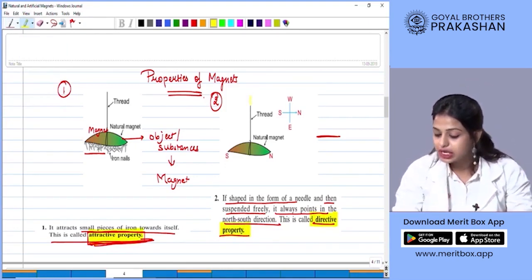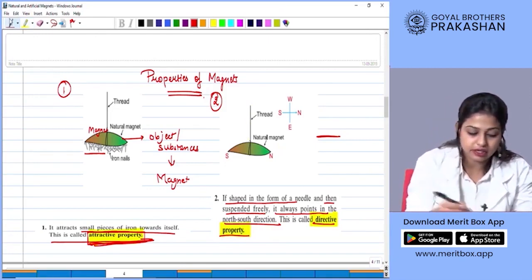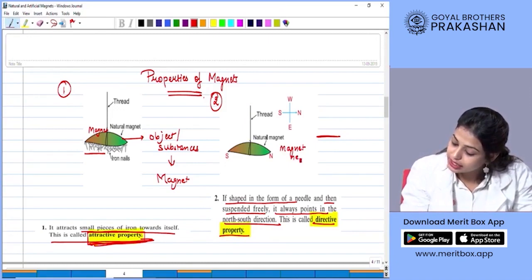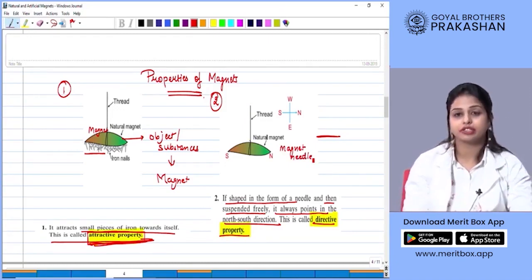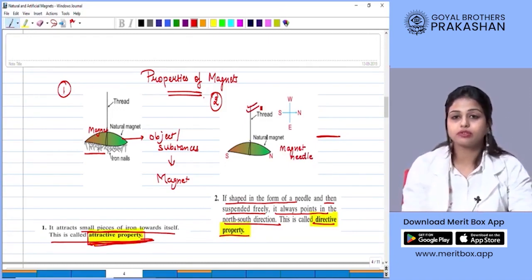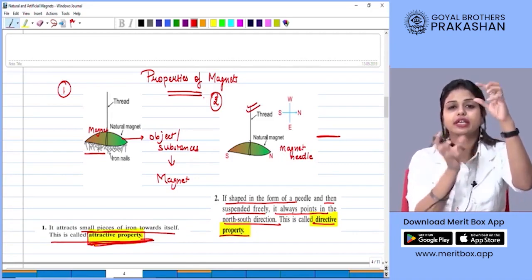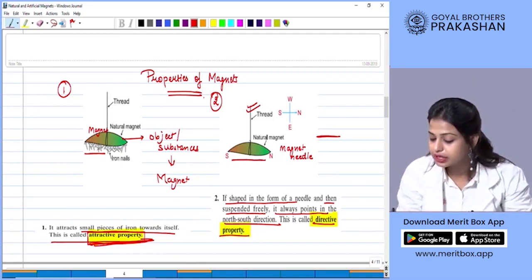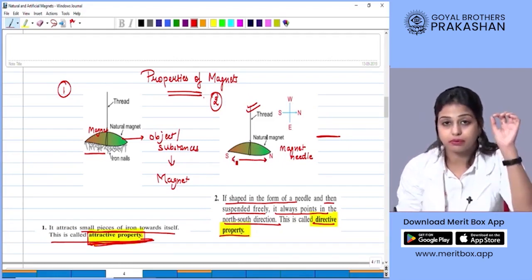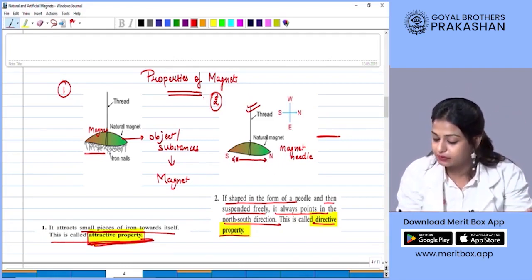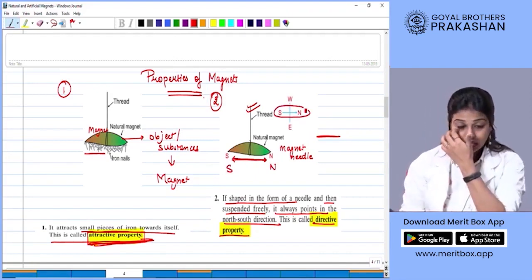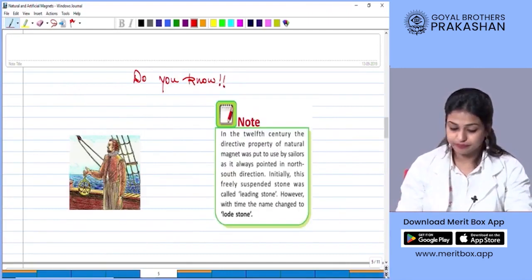So, here is a magnet needle, and if you suspend it freely with the thread, what do you see? After rotating, giving it some time, it will come to rest in a direction that will point to the north and the south. Fine, students? Let's move ahead.